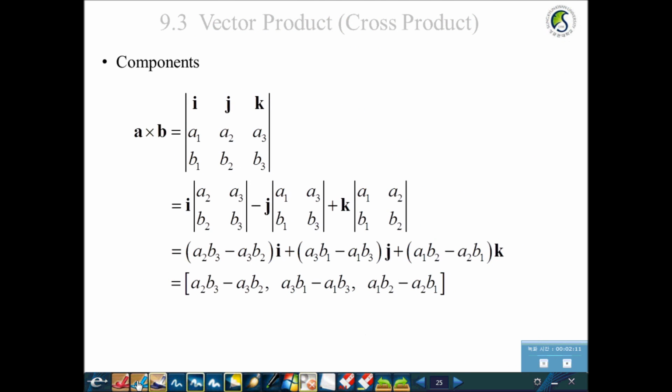The component-wise calculation is this. So V is A cross B, and you put a determinant calculation with i, j, k.